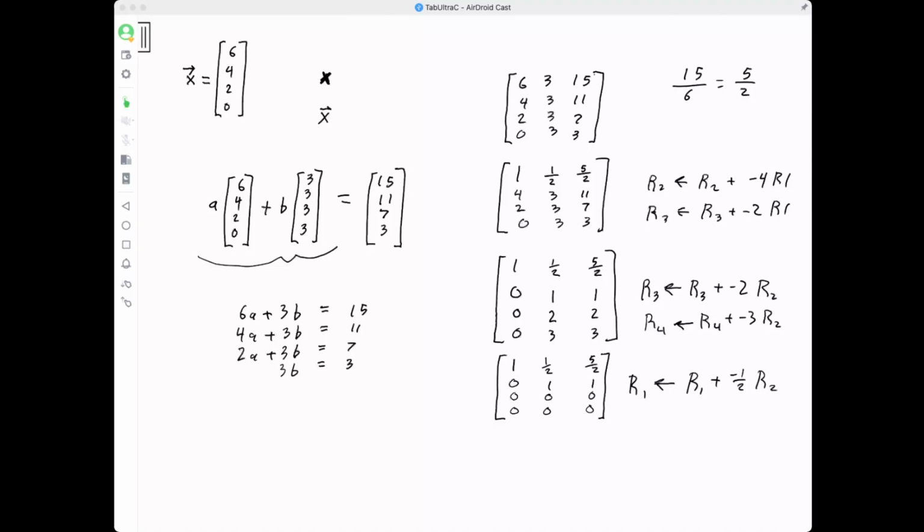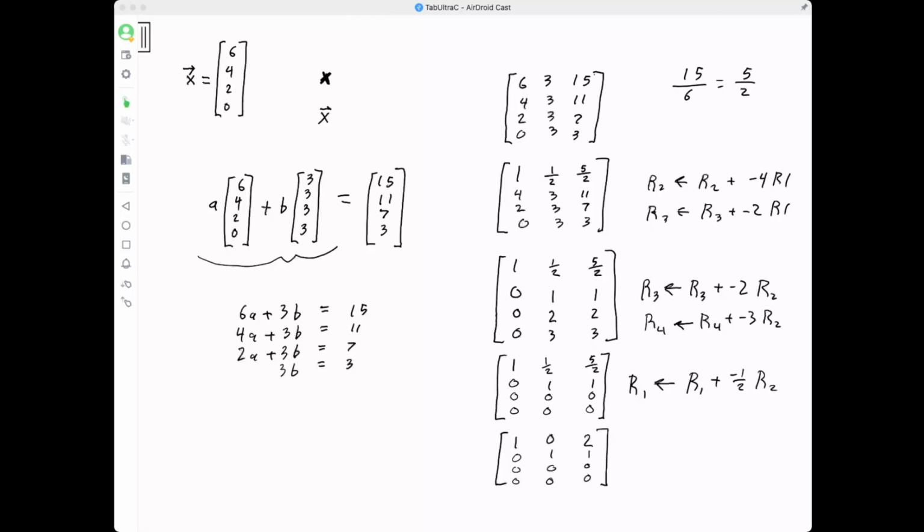And when I do that, I get 1, 1/2 plus a negative 1/2 times 1 gives me 1/2 plus a negative 1/2 is 0. And 5/2 plus a negative 1/2 is 4/2 or 2. 0, 1, 1, 0, 0, 0, 0, 0, 0.